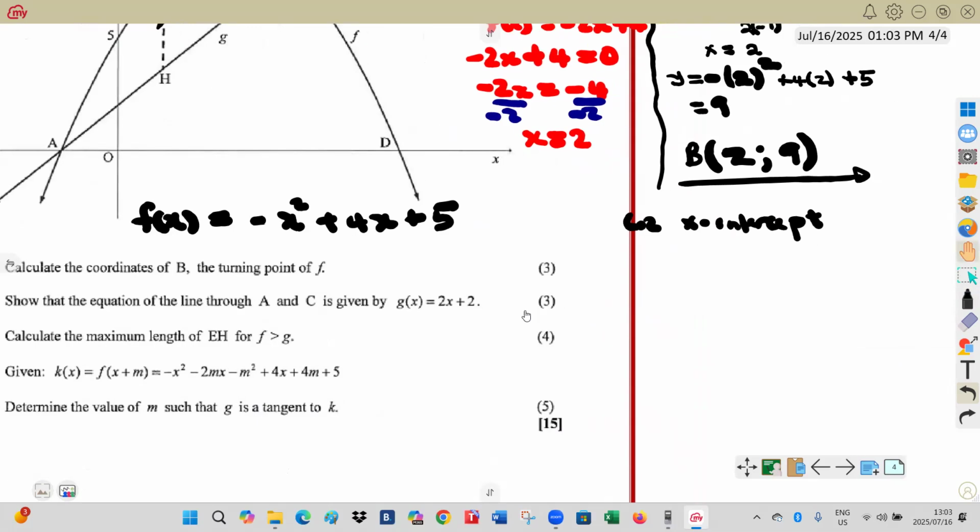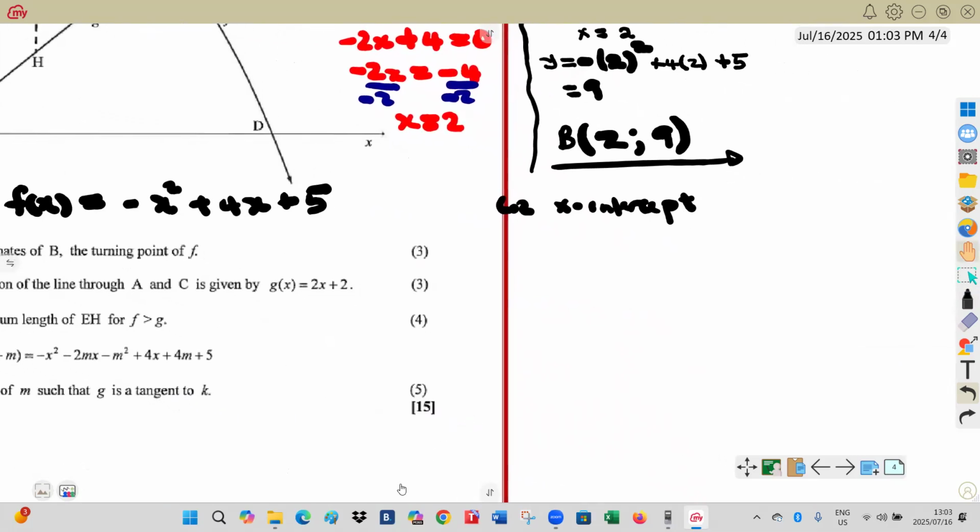To get the x-intercept, we just have to know that we are going to substitute y equal to 0 in our f. So there our y. It means we treat this function as our y.